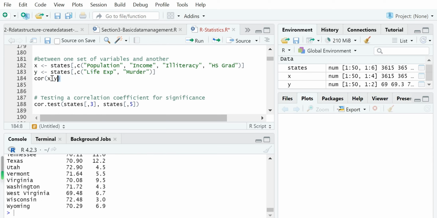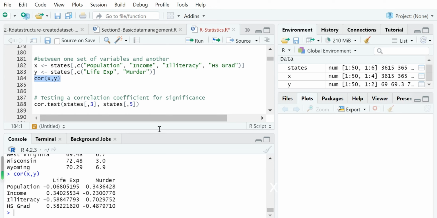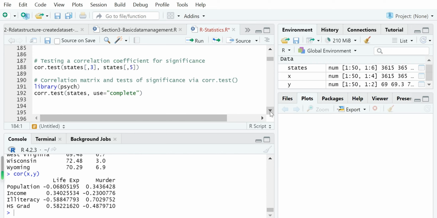So you can use cor, the correlation between X and Y. The result is 4 rows and 2 columns. The rows come from the X variables, and the columns come from the Y variables. So these values are the correlation coefficients between the variable pairs.